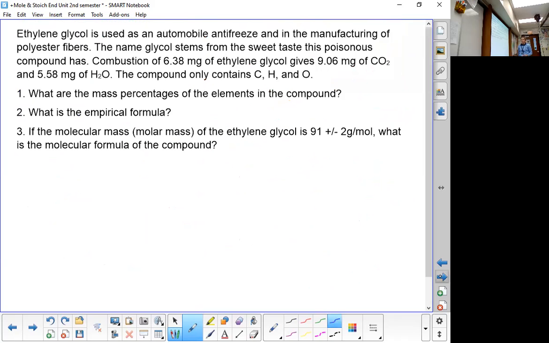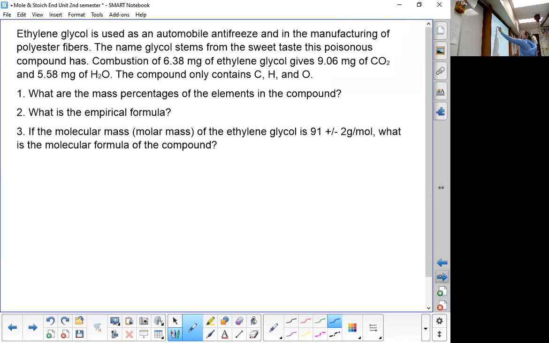The last kind of problem is one with a chemical reaction, and this one's going to be a little bit more involved. So here we have a problem. It has ethylene glycol, used as an automobile antifreeze and in manufacturing.